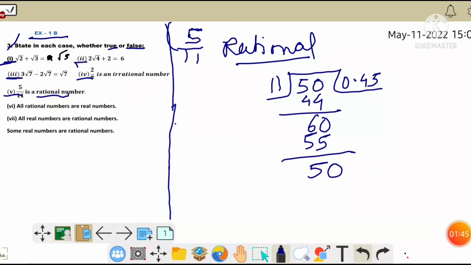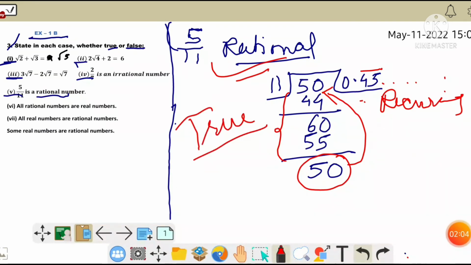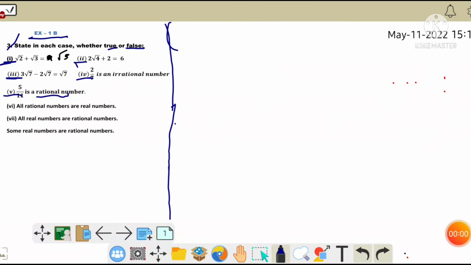Again we'll have the remainder 5, 50. Again the same thing will repeat. So 45 will be recurring. Since it has a recurring decimal, it is a rational number. So it's true.